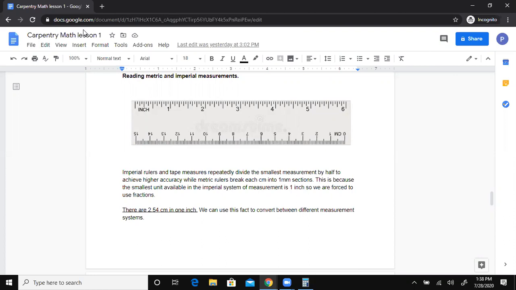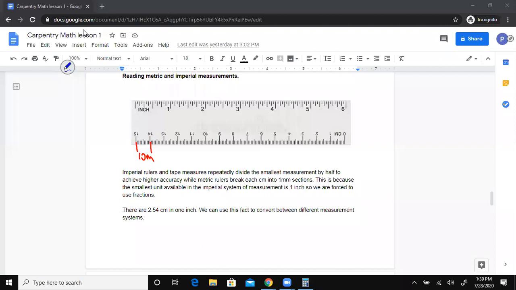They take each smallest thing and divide it by 10 to get a thing that is tenths of that size. So between 15 and 14 centimeters, there are 10 millimeters, and each one is denoted on the scale. We're used to seeing this again because decimal numbers work in groups of 10. So this is fairly intuitive for most of us.